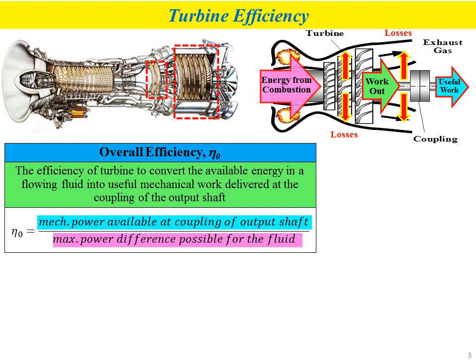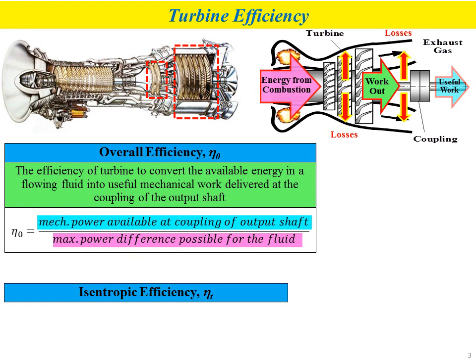And the mechanical power available at the coupling of the output shaft is represented by the useful work, the blue color arrow.